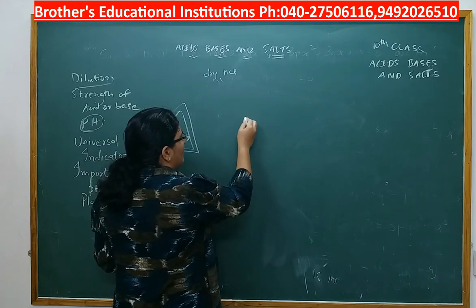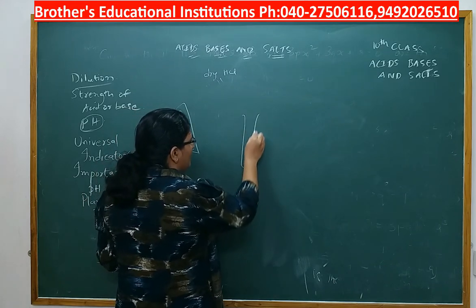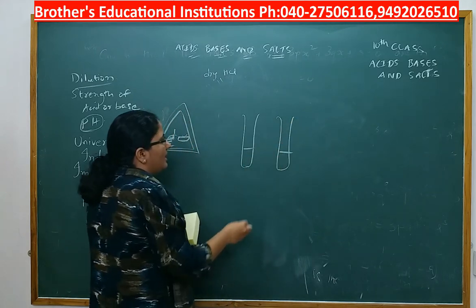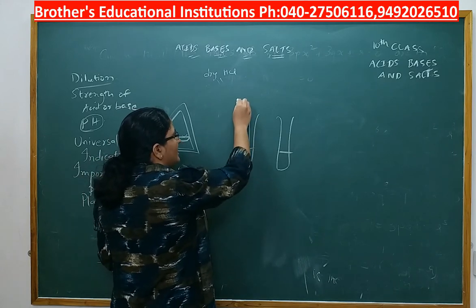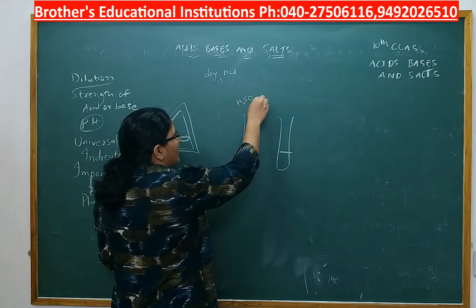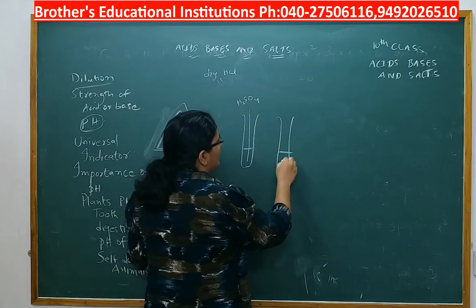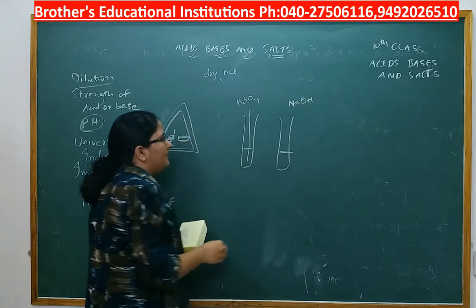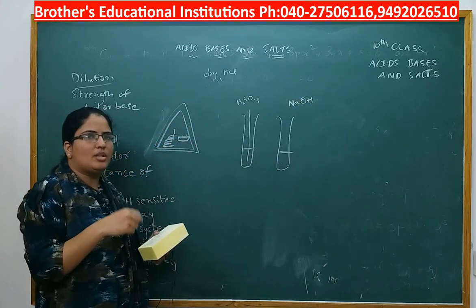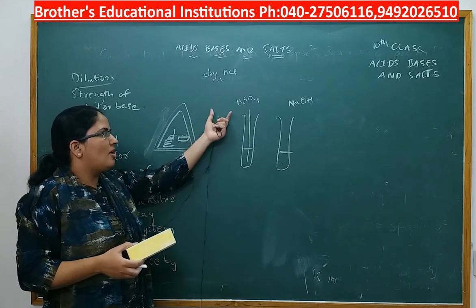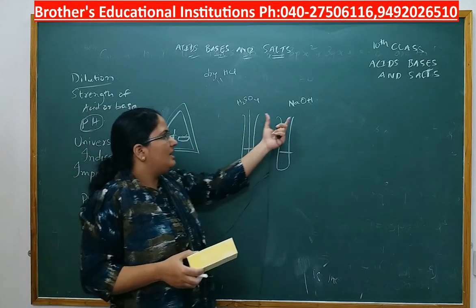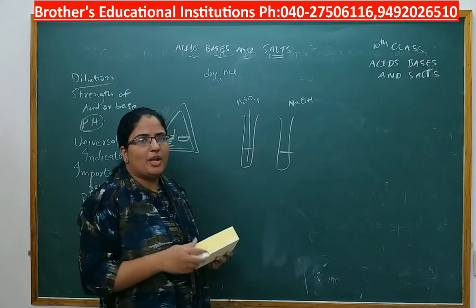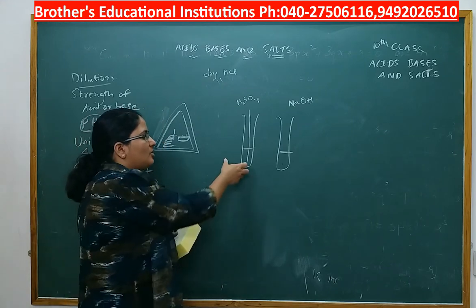Now, what you do is take a test tube, take water in it, and add concentrated sulfuric acid drop by drop. In another, add a strong base, NaOH, few pellets, to water, with constant stirring, and you touch the test tube.